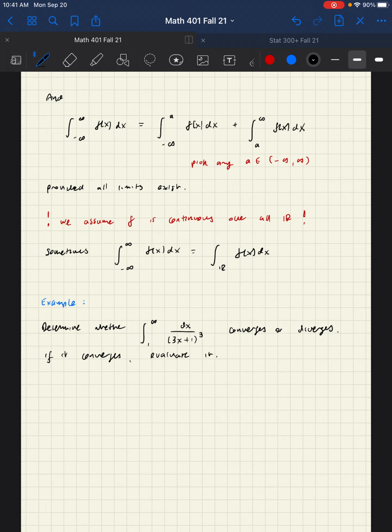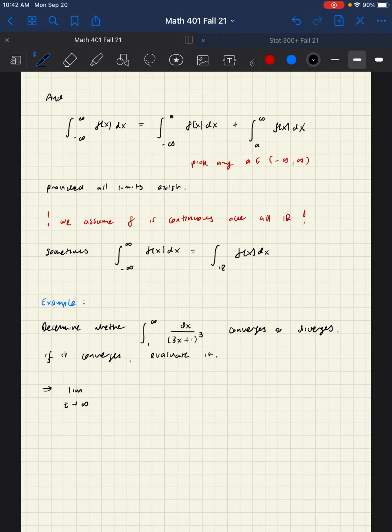And if it converges, we evaluate it. So there's two scenarios here. One, it converges to a real number, and we have to state what number it is. Or it diverges, in which case the integral literally will become infinity.